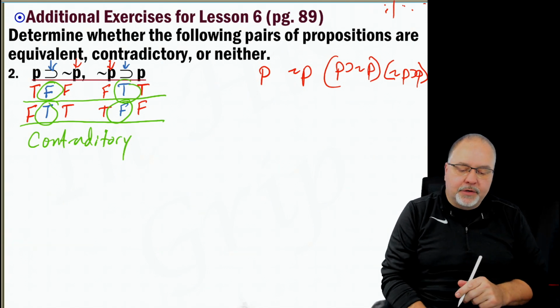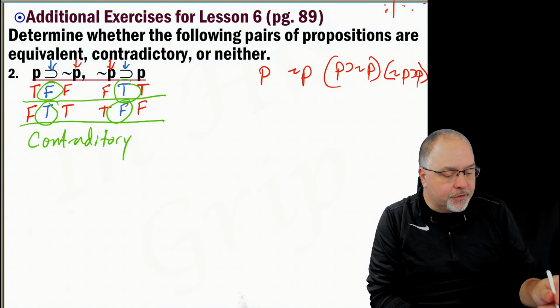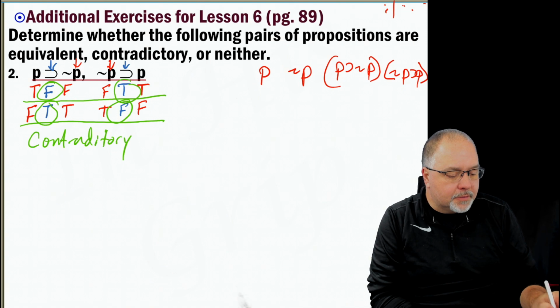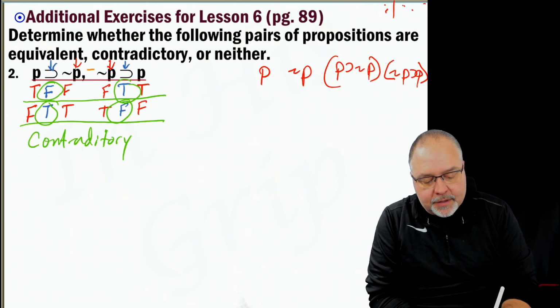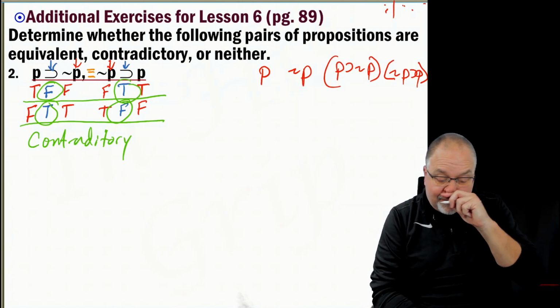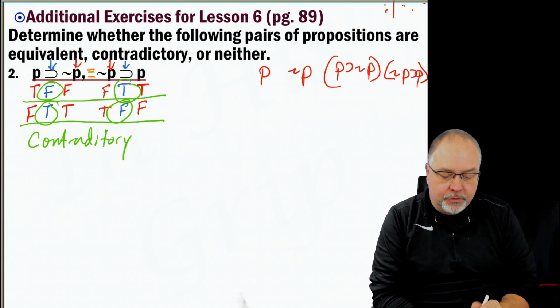Okay. They're a contradiction. You could think of it this way, and let me change my colors again here, let's go orange. You can think of this as a biconditional. If I create a biconditional, again I'm looking at the blue, false, true.